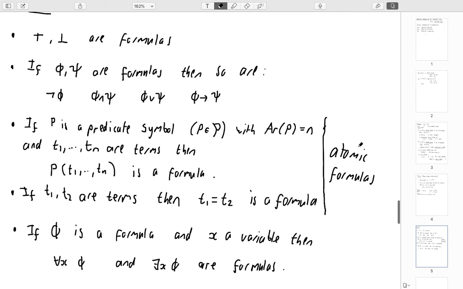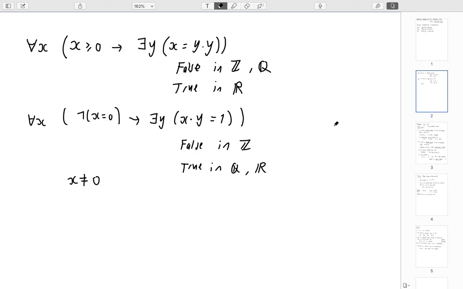Let's just go back to our example here with the formulas talking about the ordered ring structure of the numbers. Here we've got an atomic formula with an equality. We're then building a larger formula around it by putting the existential quantification in front. Here we've got an atomic formula using one of the predicate symbols in our signature, in fact the only one in this particular signature, which is the order relation.